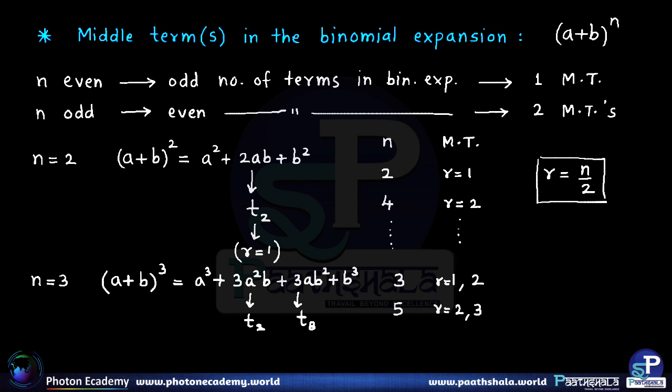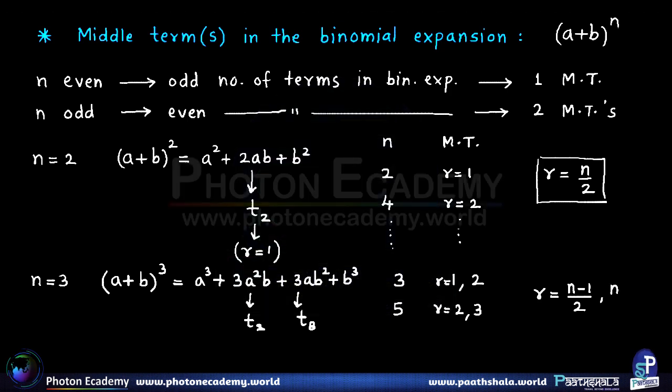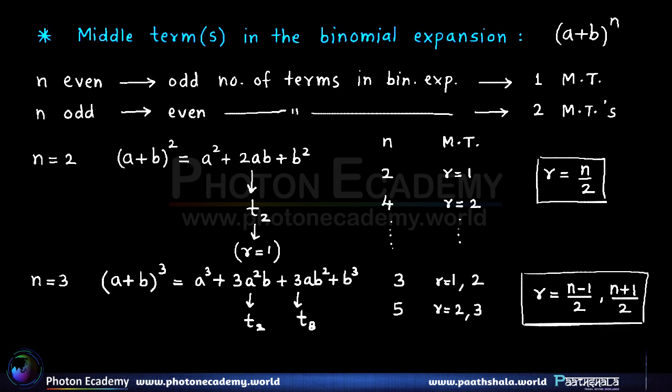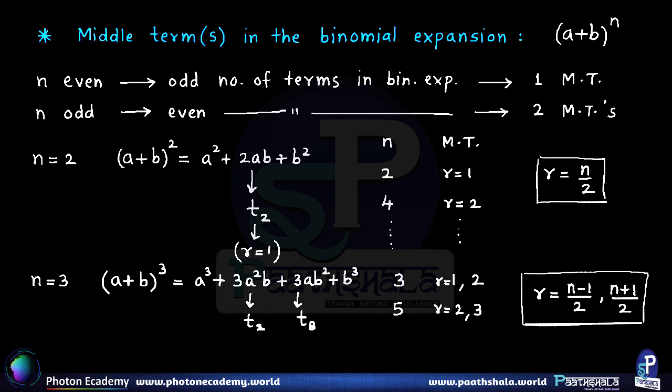So therefore, again generalizing, we can see that r has to be equal to either (n − 1) upon 2 or (n + 1) upon 2. So for either of these two values, we will get the corresponding terms as the terms which come in the center. And we already know the formula of finding out any general term in terms of T(r+1). So using that formula we can find out the required middle terms.